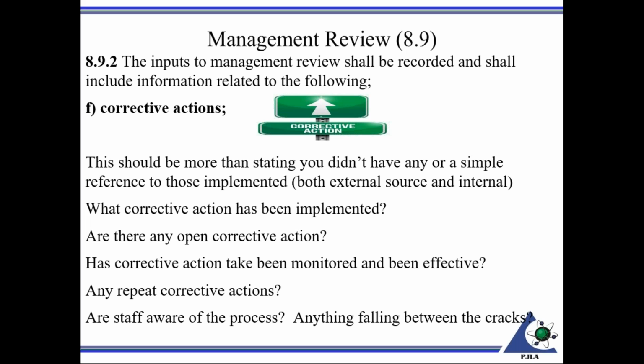What corrective action had been implemented? Are there any open corrective actions? Has corrective action been monitored, and has it been determined to be effective? Are there any repeat corrective actions? Another thing, are the staff aware of the process? Are there any things falling between the cracks?